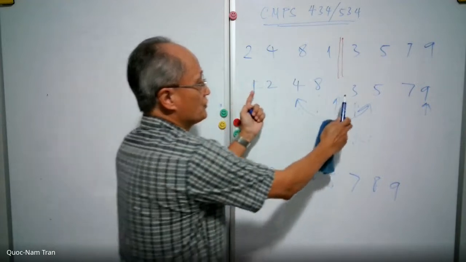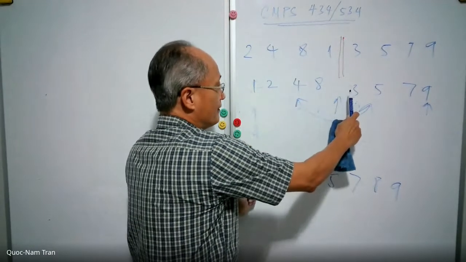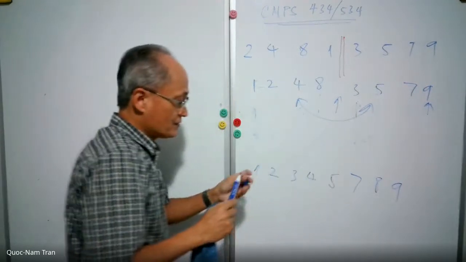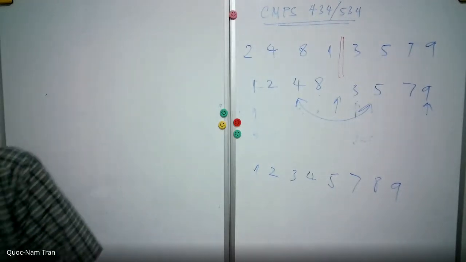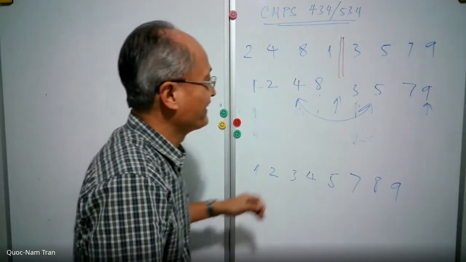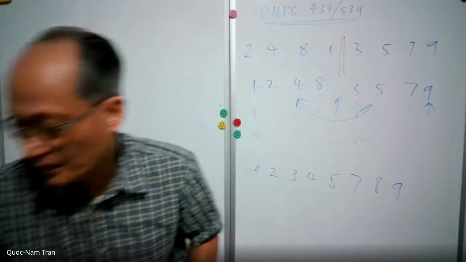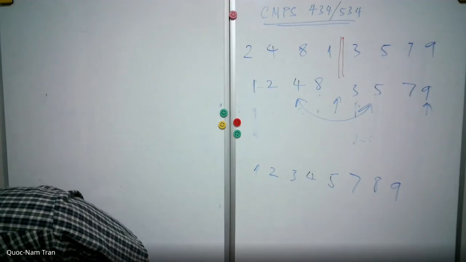So I have 2 pointers and then compare, write down, advance, etc. So that is the idea of the merge sort. Let's see how we can design the merge sort.